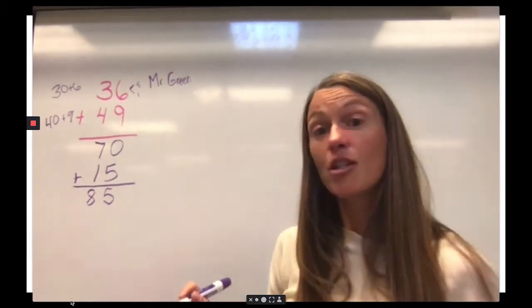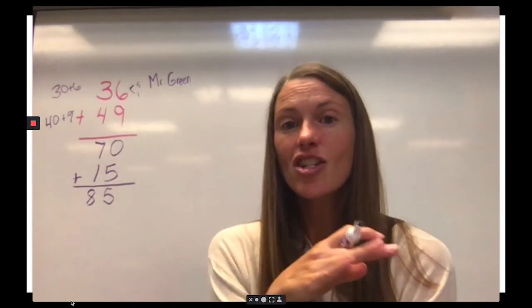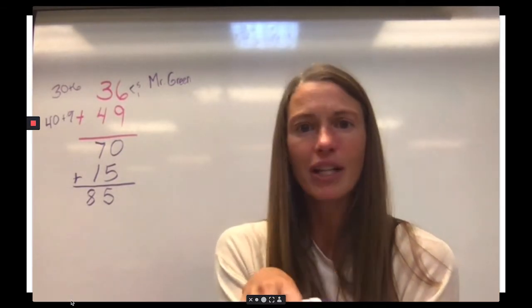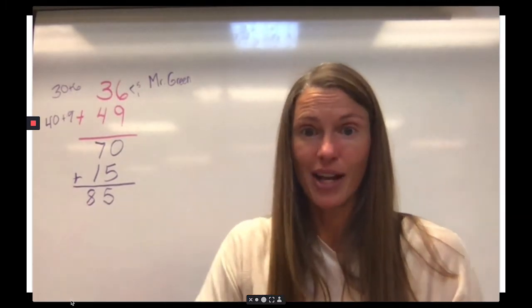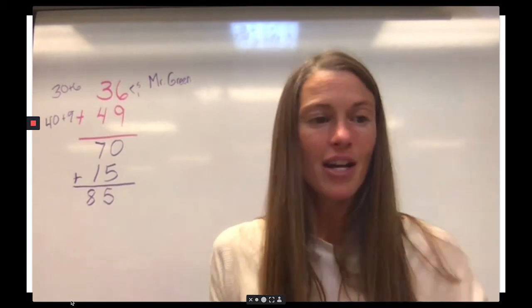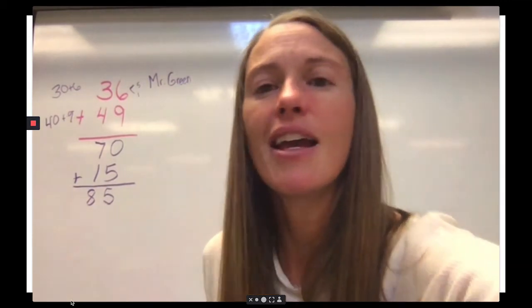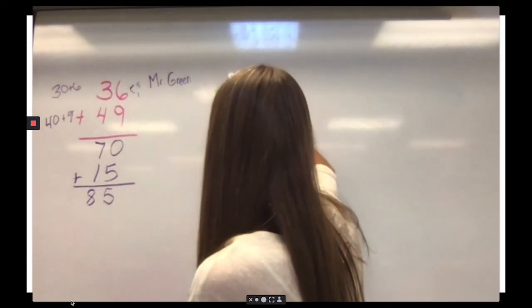But his wife, her brain thinks slightly differently, and she likes to solve in a totally different way called new groups below. You might have seen Mrs. Green's way before, so let's see if you recognize it. Here's Mrs. Green.